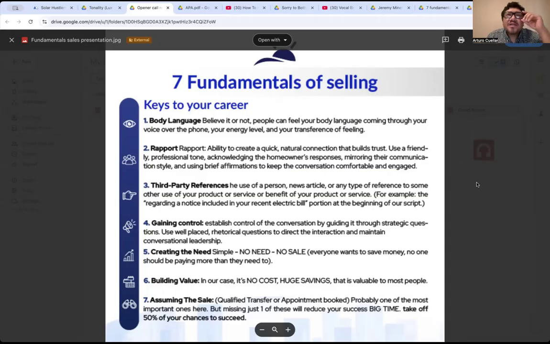I'm pretty sure you've seen websites where if you go to the bottom of the website, it shows partners, it shows success stories, even testimonials are third-party references. So whatever you can use to build trust, that's a third-party reference.